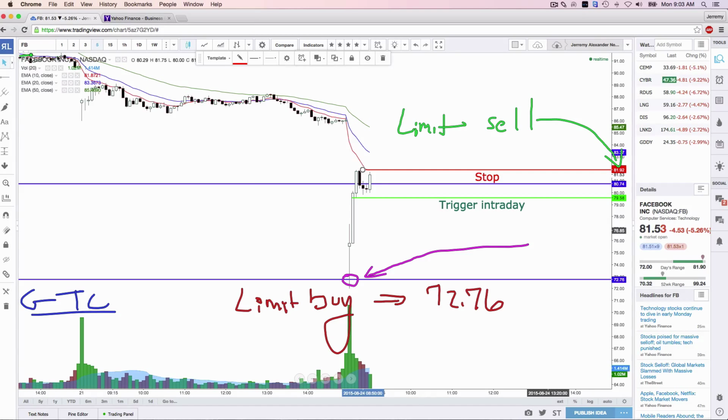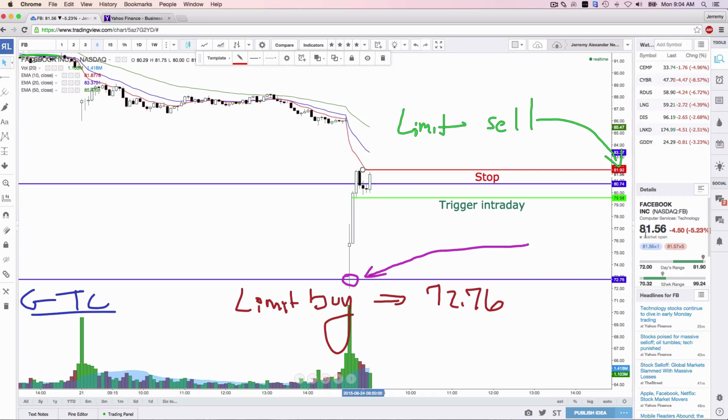That means if Facebook gets above $81.92 or higher, your order will sell at $81.92 or higher. That's it. So you're getting a profit because you bought low, you're selling high. So you do a limit sell at $81.92.